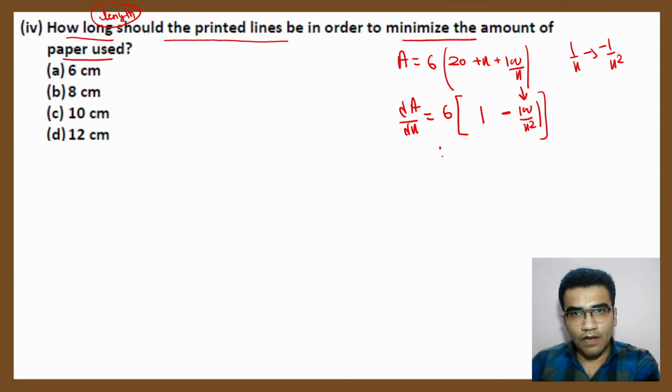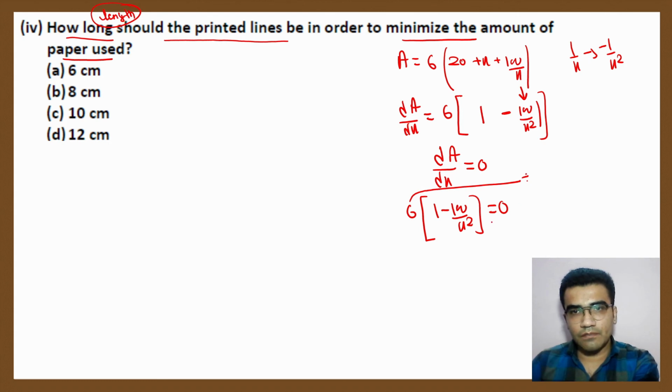Now in order to find the value of x, we set dA by dx equal to 0. So dA by dx is equal to 6 multiplied by (1 minus 100 divided by x square) is equal to 0. Dividing by 6, we get 1 minus 100 divided by x square equal to 0.